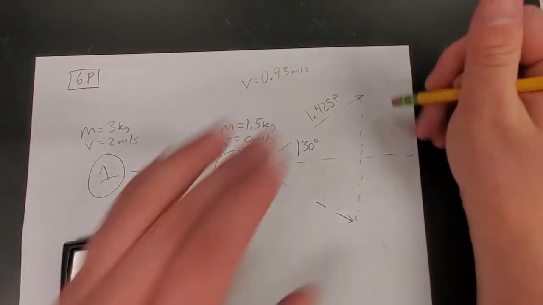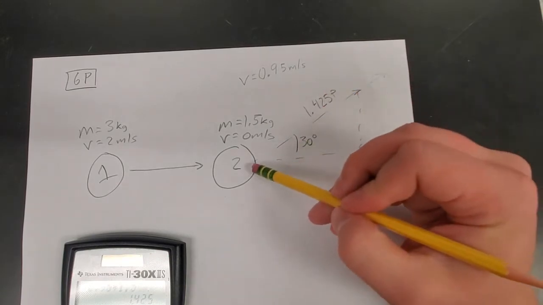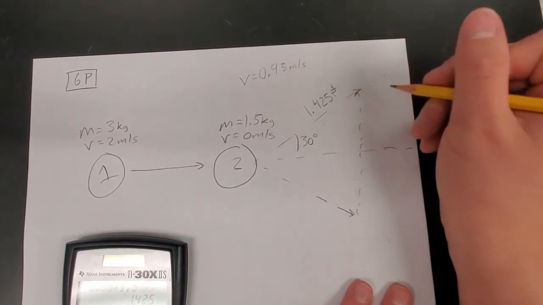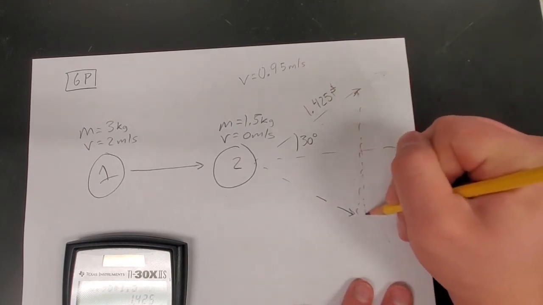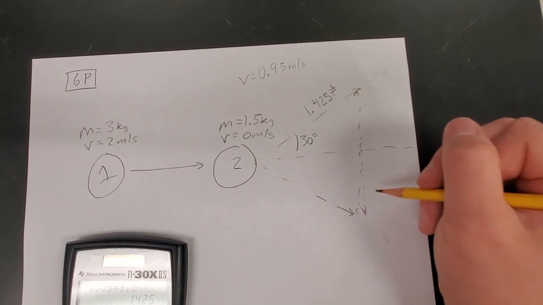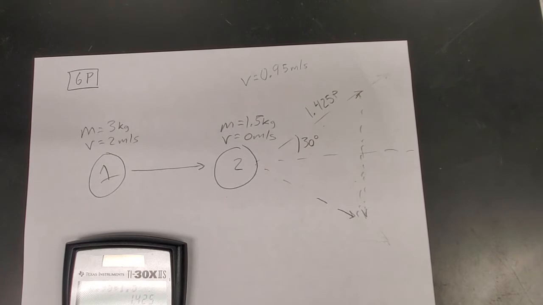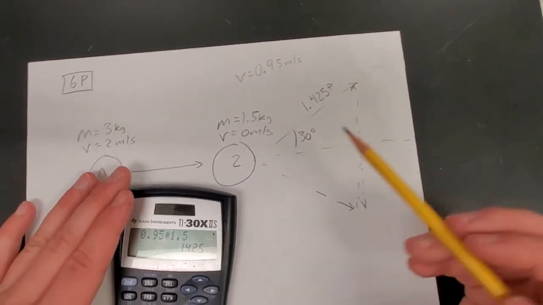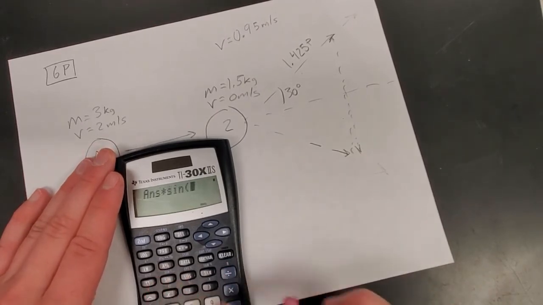So what we can do is calculate the momentum that ball 2 feels going up this way. We can calculate that momentum, and it's going to be the same as the momentum that ball 1 feels going downwards. All right, so let's calculate ball 2's momentum. We'll do that very easily. We'll say 1.425 times sine of 30.